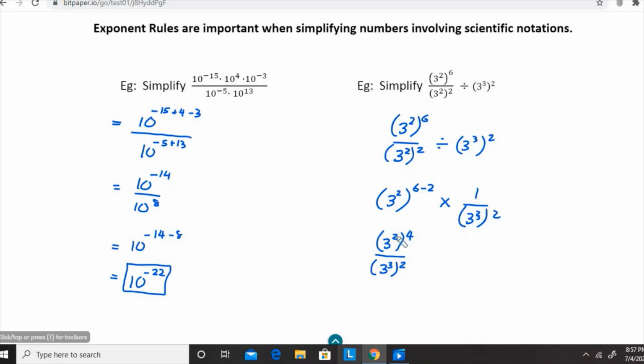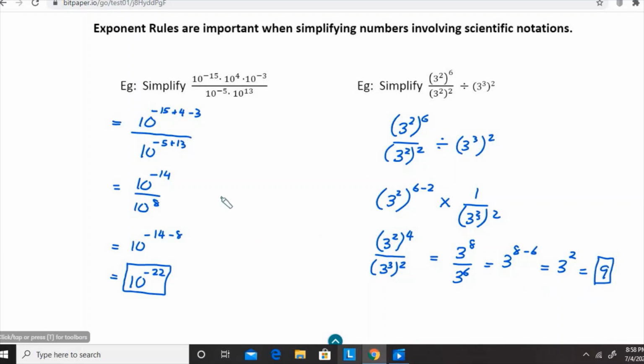So then I can multiply the exponents. I'll have 3 raised to the power 8 divided by 3 raised to the power 6. You can see again the same base. So finally I can write this as 8 minus 6, giving me 3 squared or 9. So that is the answer for this example.